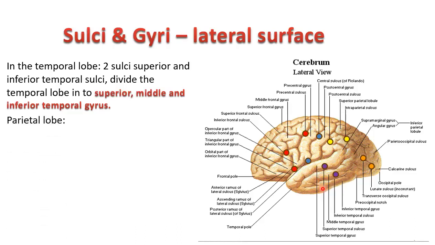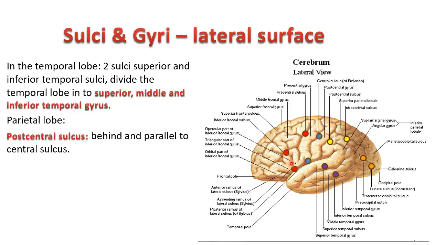Coming to the parietal lobe, behind the central sulcus you see the postcentral sulcus. Mainly see the two blue dots are the major sulci, central and the posterior ramus of lateral sulcus.